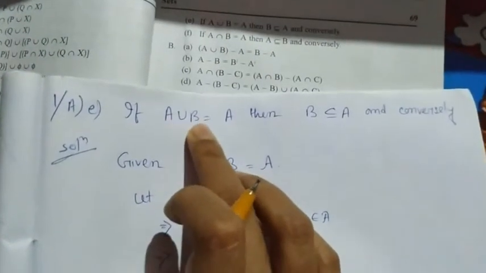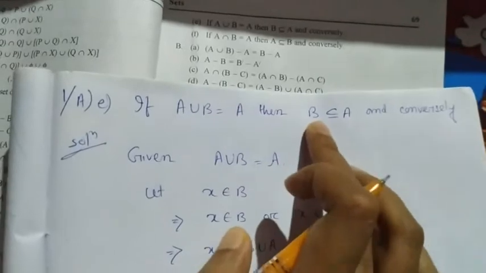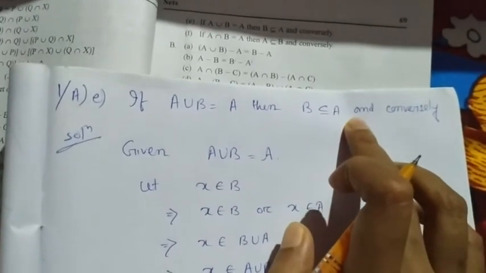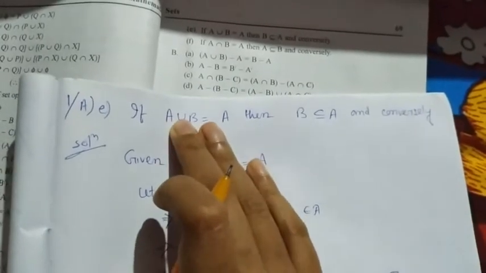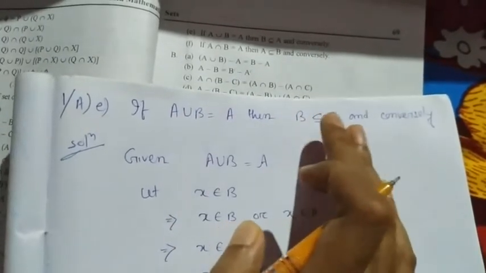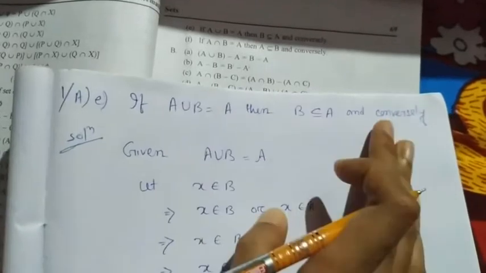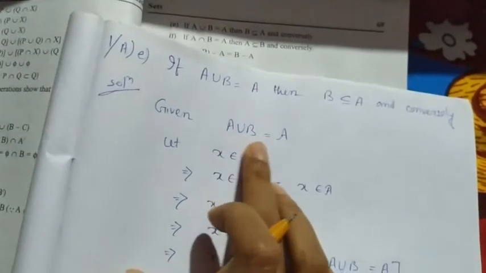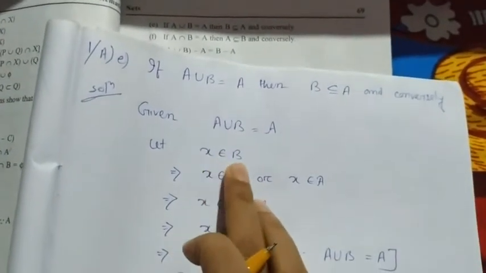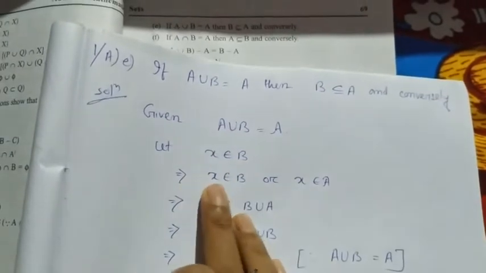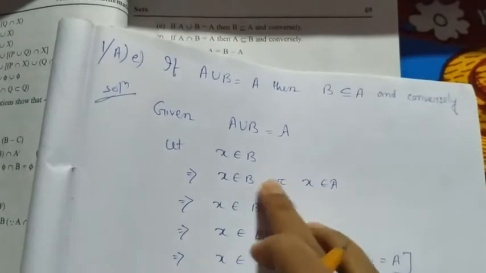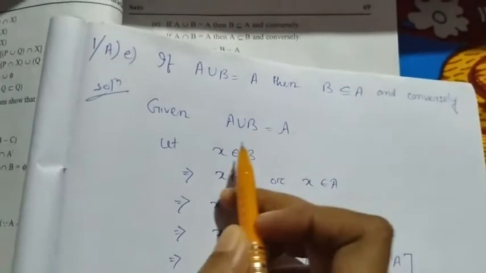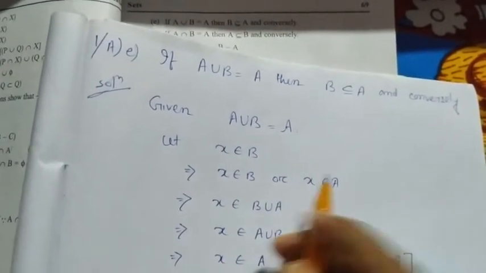Now question number 1e. If A union B is equal to A, then B is a subset of A, and conversely. Given this you have to prove this, and given this you have to prove this. Given A union B equals A, let x belong to B, and so x belongs to B or x belongs to A. I can write this line because it doesn't change any meaning.